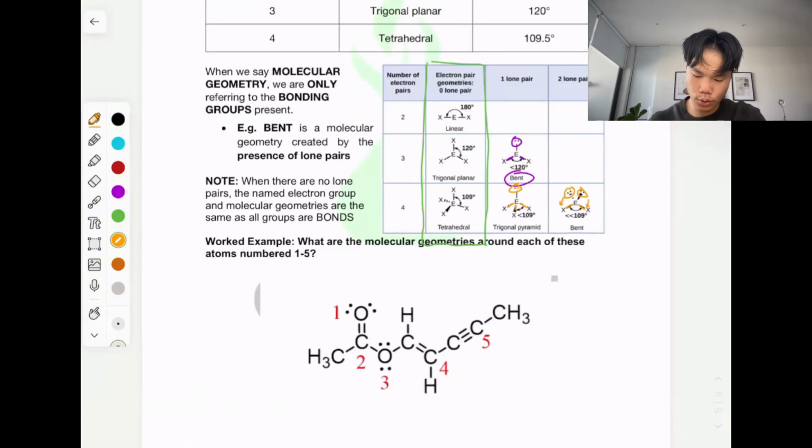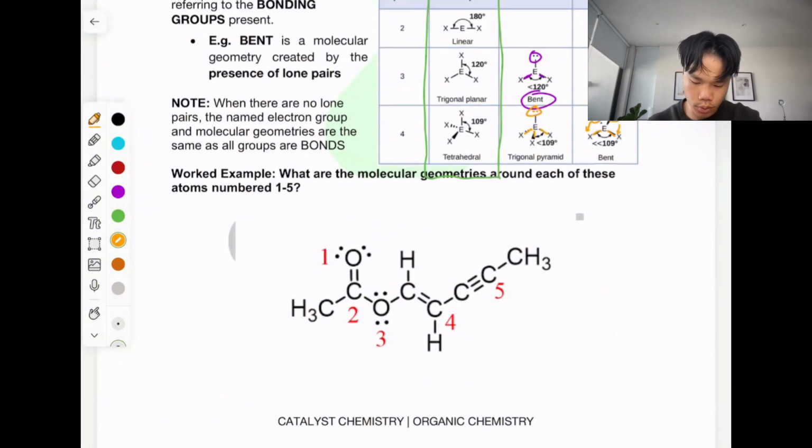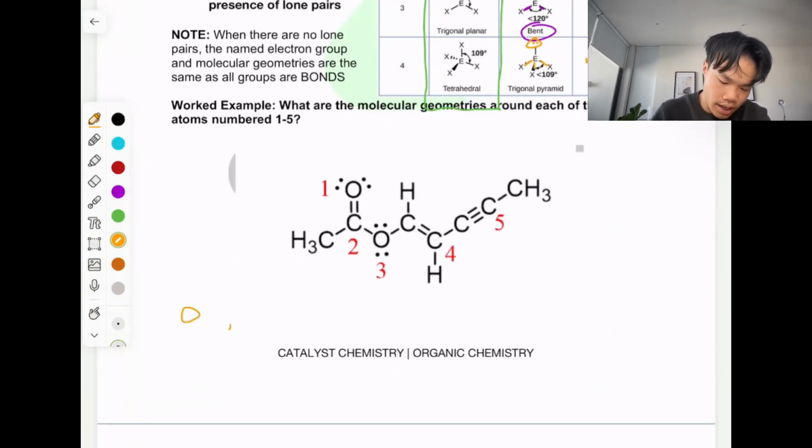Okay, so you should be able to look at a molecule like this and identify the geometry around every single one of these atoms, saying either it's linear, or trigonal planar, tetrahedral, trigonal pyramidal, whatever it might be. Be particularly aware in your exam of oxygens and nitrogens if they ask you to do this.